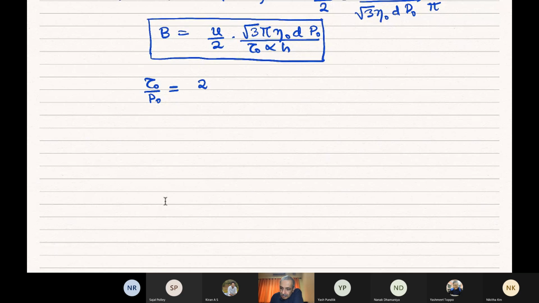So that just comes out to be 2 k0 eta 0 raised to the power of half. I think this you can easily figure out.